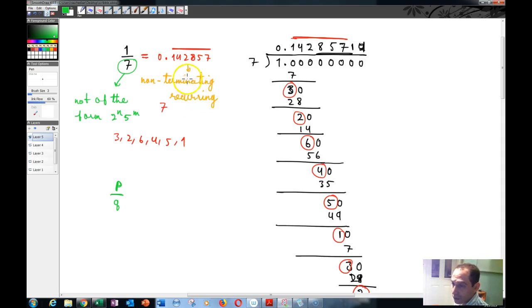So basically now, based on that theorem, we could say that the decimal expansion of this number is going to be non-terminating.